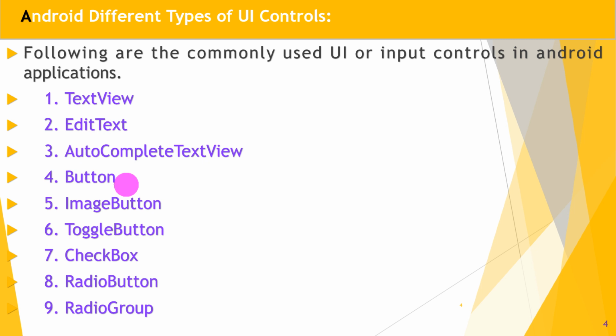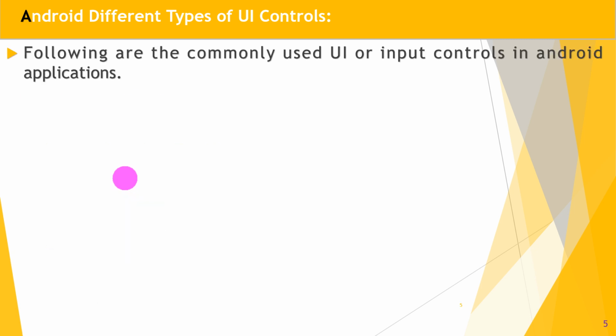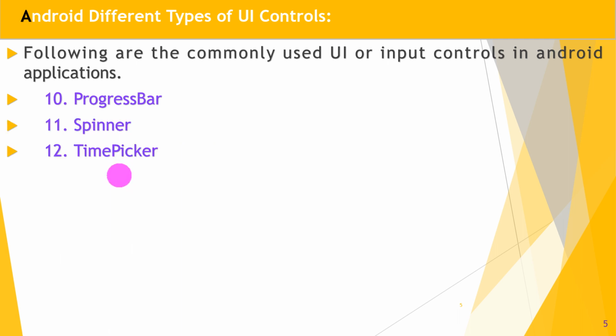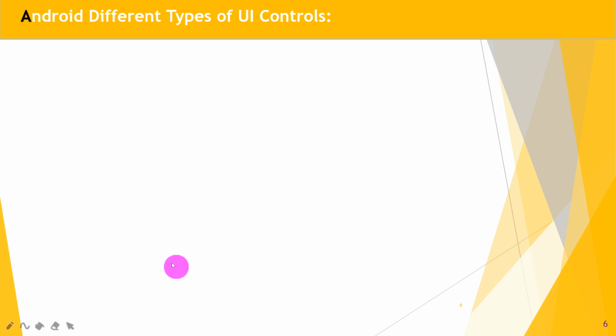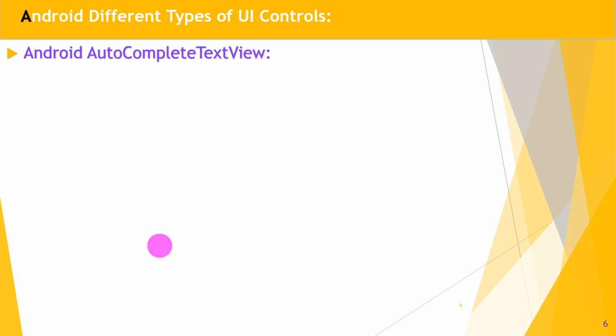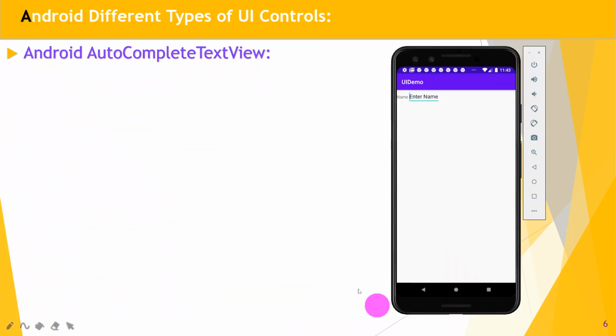Hope you understand. So after that, other components or UI controls are progress bar, spinner, time picker, date picker, seek bar, alert dialog, switch, then rating bar, and much more. Hope you understand these and much more controls are available in your Android. Where are all these controls present in Android Studio?